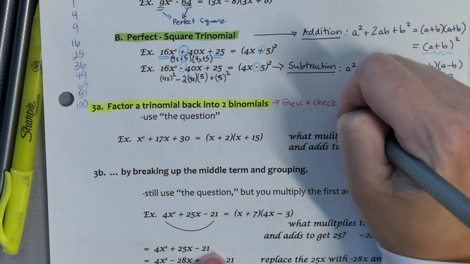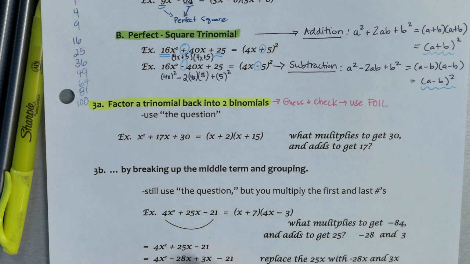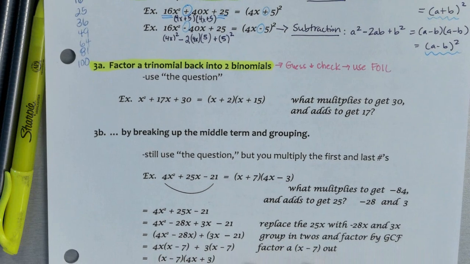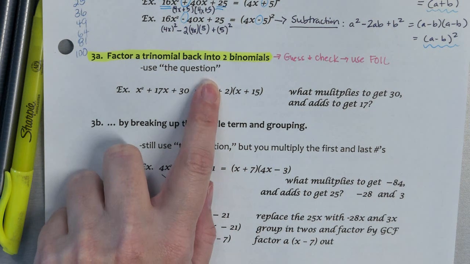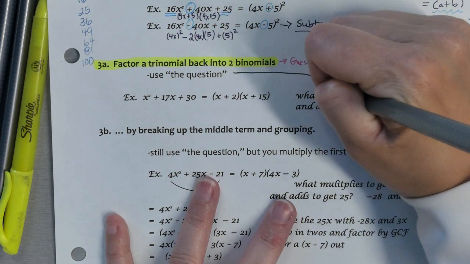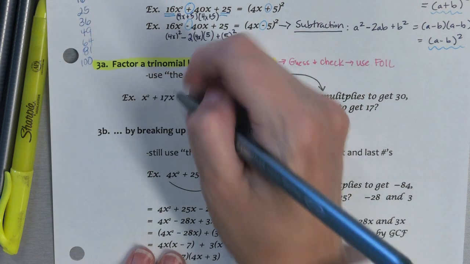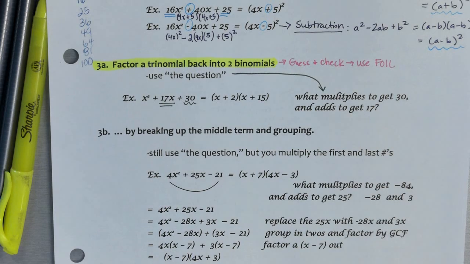So you're guessing and checking, and you're going to use FOIL, or FEAL, which is what I like. Okay, when it says use the question, that means use this question here. What multiplies to get 30, but then adds to get 17?